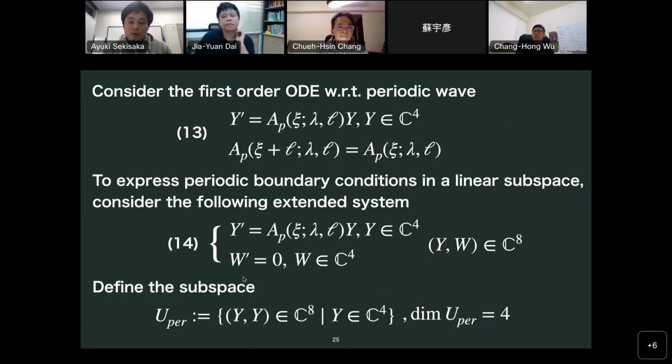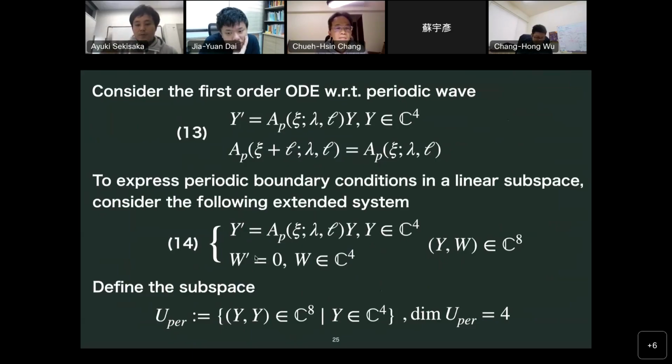However, it is equivalent to the Floquet matrix. If we take Floquet theory, this extended system is not needed.